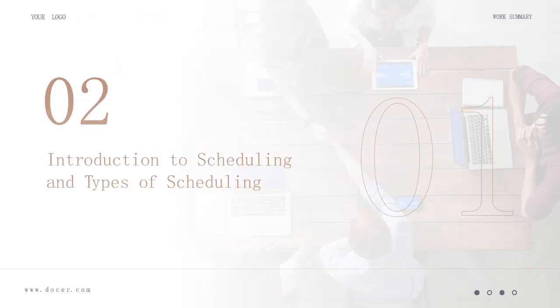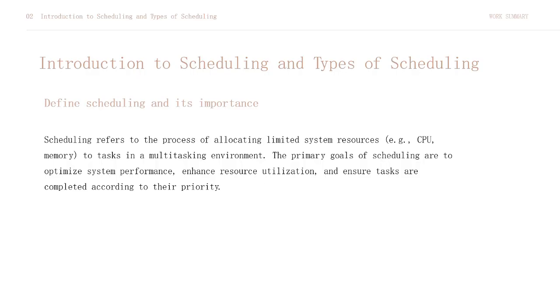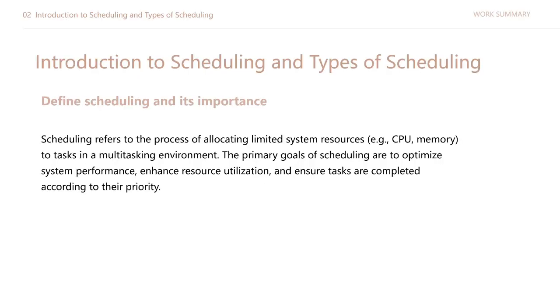And then is the second part, introduction to scheduling and types of scheduling. First is to define scheduling and its importance. Above all, its goal is to optimize system performance, enhance resource utilization, and ensure tasks are completed according to their priority.